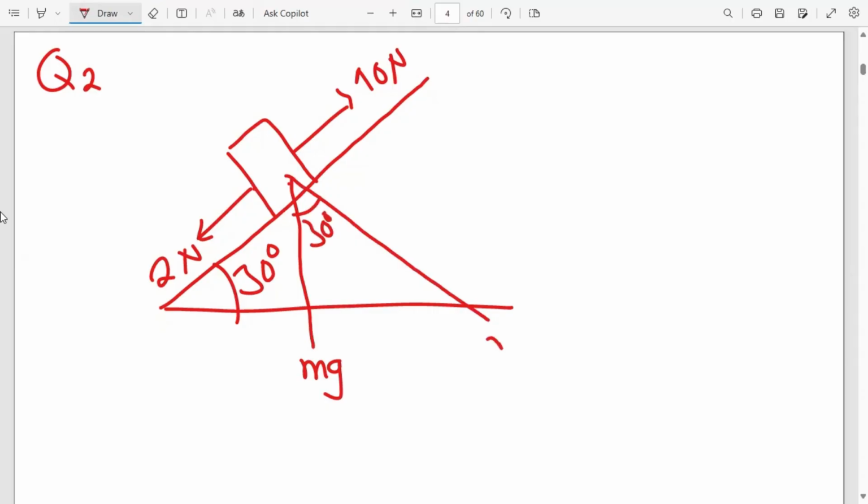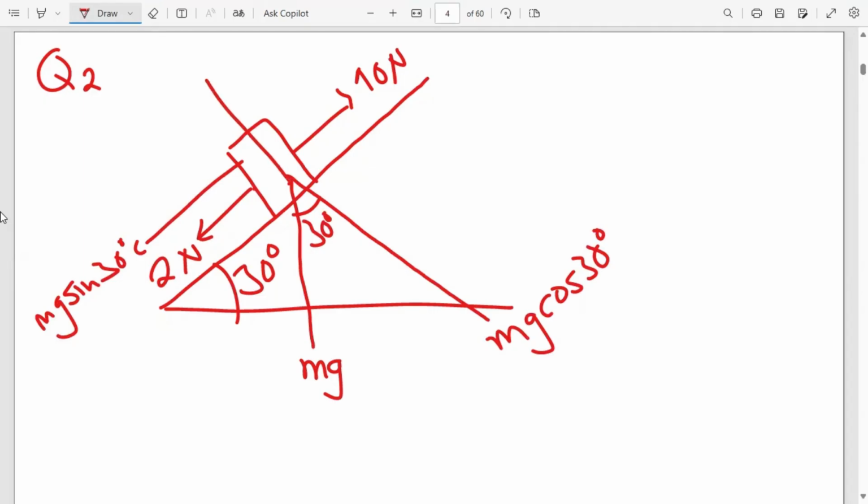That means the component perpendicular to the incline is mg cos 30. The component along the incline is mg sin 30, like that. So if this is our free body diagram, we also have a normal force, Fn, there.